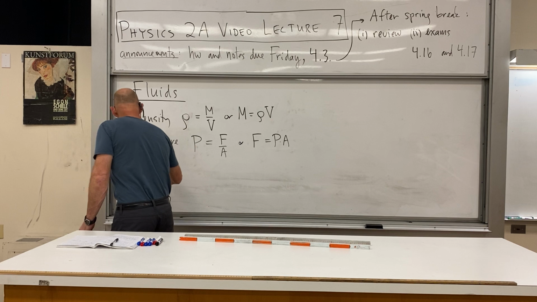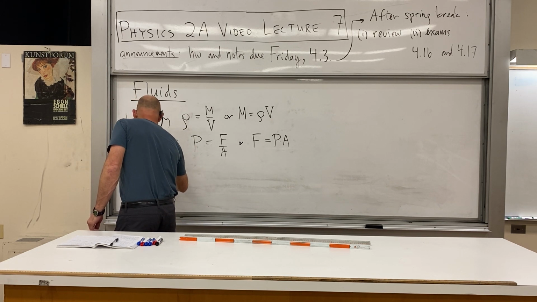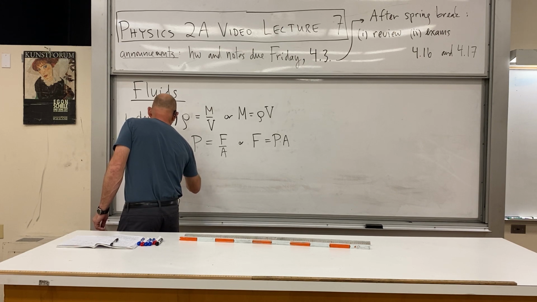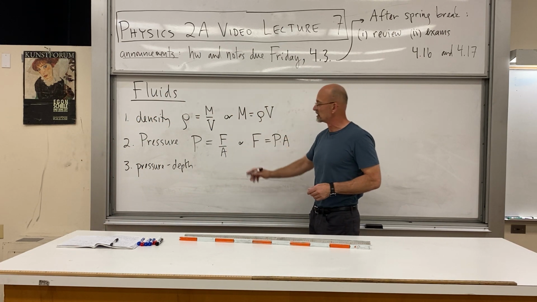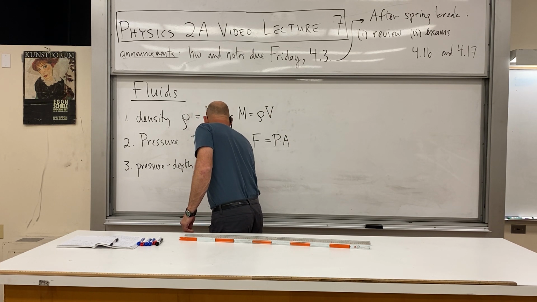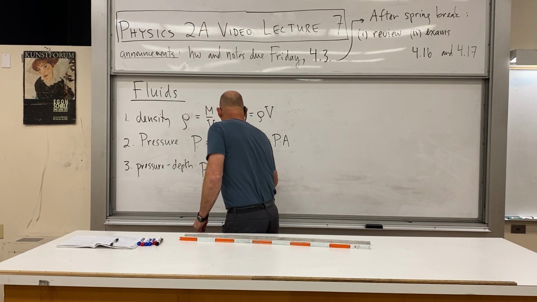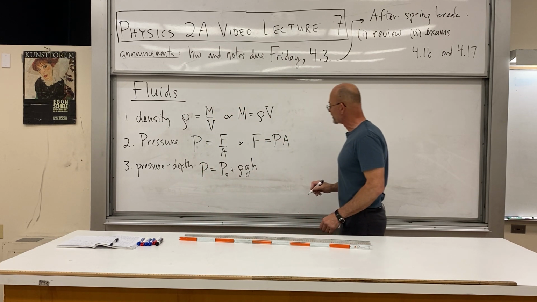Then we have the pressure depth formula. I'm basically writing down the formula sheet for this section. Okay, so the pressure depth formula, P is equal to P0 plus rho g h, where h is the depth.